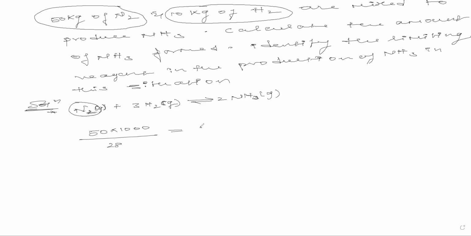That gives 17.86 into 10 to the power of 2 moles. This many moles of nitrogen are present in 50 kg of N2. This is the number of moles of N2.